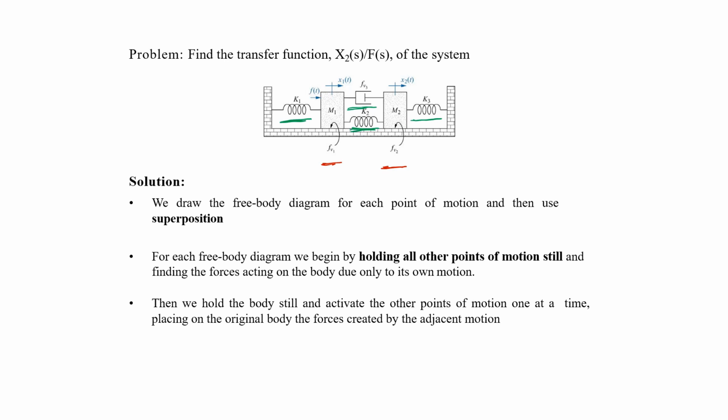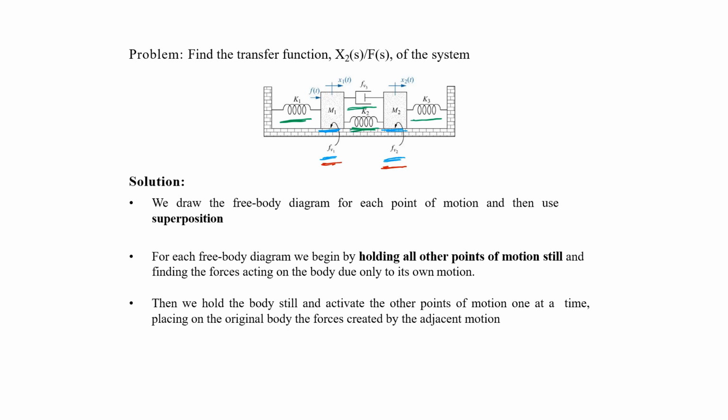In this example, we also consider the friction between the mass and the ground. The friction between mass m1 and the ground is modeled as the viscous friction fv1, and similarly the friction between the ground and the mass m2 is represented by, again, a viscous friction fv2.